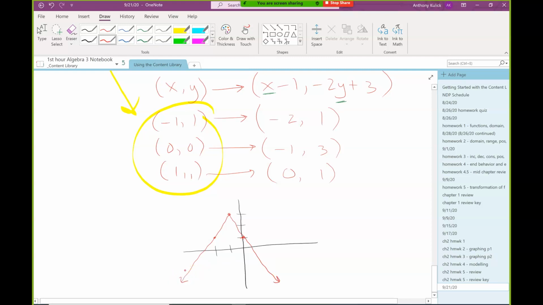So here's my new graph. Is everybody okay with that? So this should feel quite familiar, right?